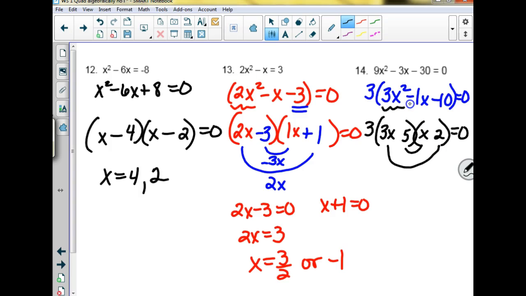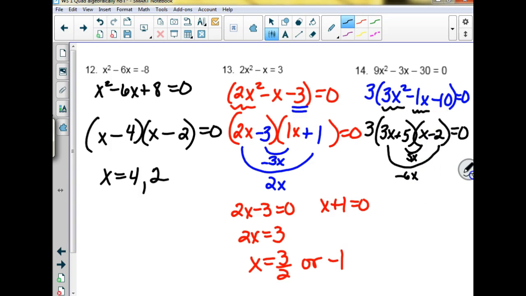Which would need to be negative? We need it to be a negative 6x and a positive 5 to give us the negative 1 in the middle here. Okay, so 3 times negative 2 and positive 5 times 1. Does that give us the negative 10 at the back?